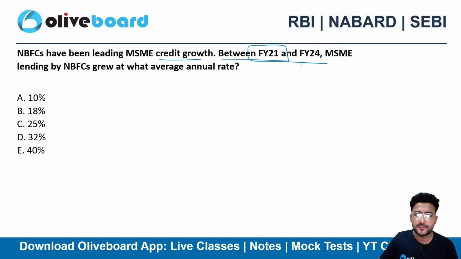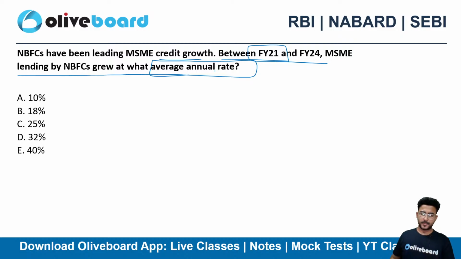Next, NBFCs have been leading the MSME's credit growth between FY21 and FY24. MSMEs lending by NBFC grew at what average annual rate? So I think yesterday we discussed the fact that NBFCs are leading the pack when it comes to MSME credit lending. The rate of growth is higher than the private banks. The rate of growth is higher than the public sector banks as well.